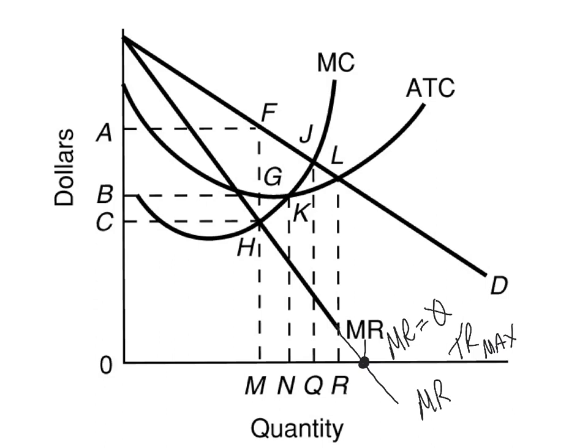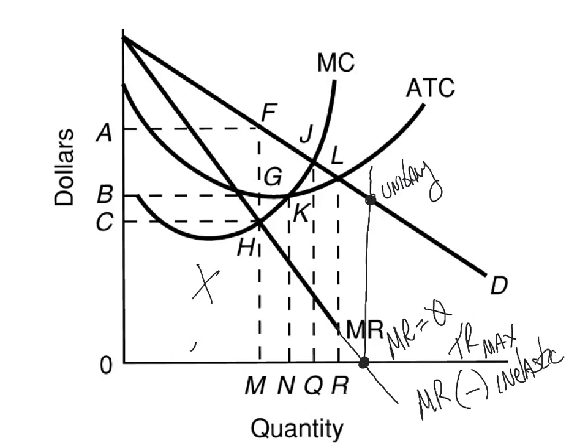At this point, when marginal revenue equals 0, we also know that demand is unitary. When marginal revenue is negative, we know that demand is inelastic at that point. And when marginal revenue is positive, then we also know that demand is elastic.